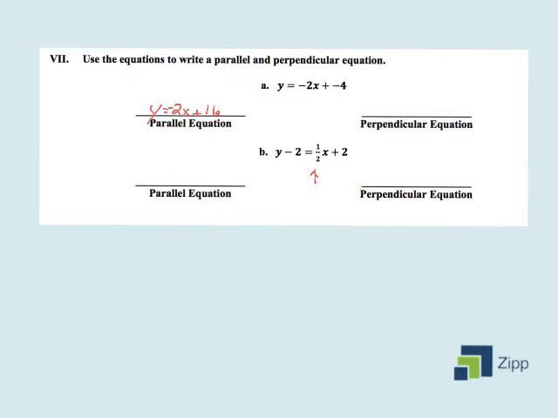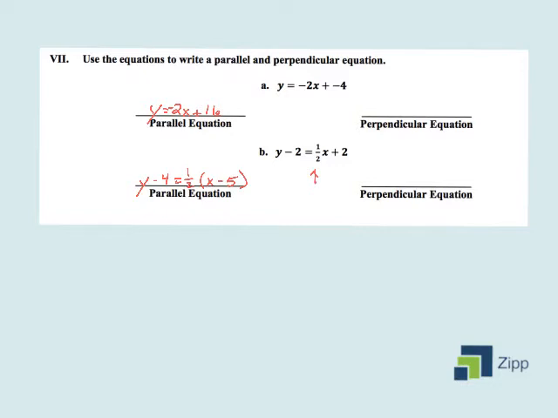So I'm going to write in point slope form an equation that's parallel. I'll just pick a different point, but I'll use the exact same slope of that equation.